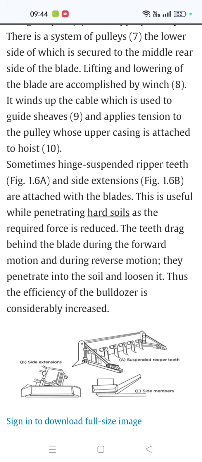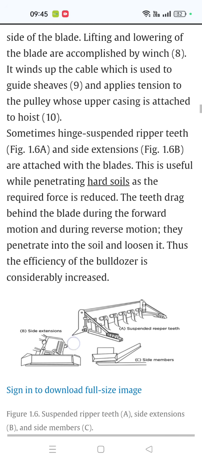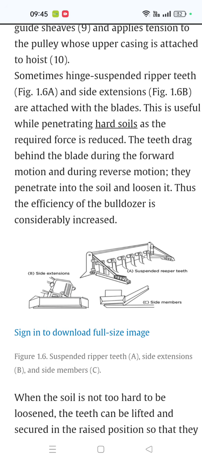ripper teeth Fig 1.6a and side extension Fig 1.6b are attached with the blade. This is useful while penetrating hard soil, as the required force is reduced. The teeth drag behind the blade during the forward motion and during reverse motion.